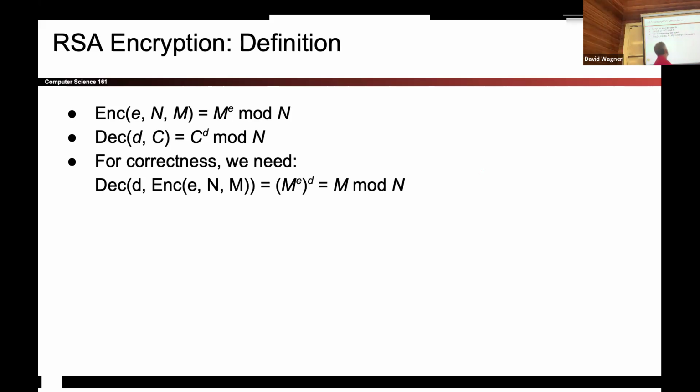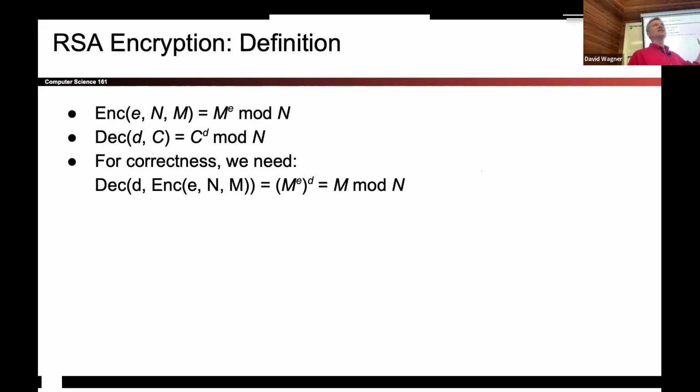And decryption is to take the ciphertext and raise it to the power d mod n. So encryption and decryption are the same, except you just use a different exponent. And all this craziness about how e, d, and n were chosen was carefully set up to make sure that decryption undoes encryption. d was carefully chosen so that when you decrypt an encrypted ciphertext in this way, you'll get back the original message.